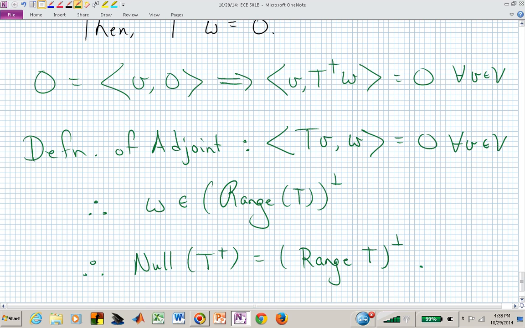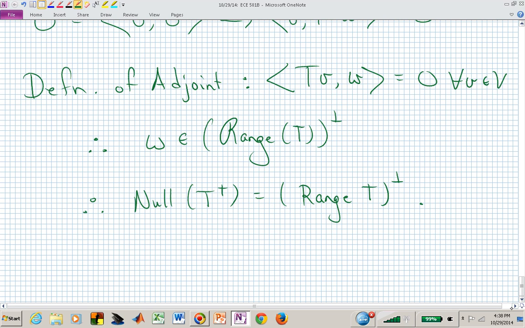So now we say we have the range of T being created by TV, and now that vector W is orthogonal to it. And that's basically the definition of the orthogonal complement, or the perpendicular subspace. Is that okay?